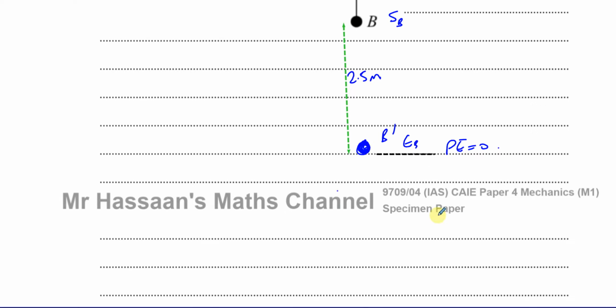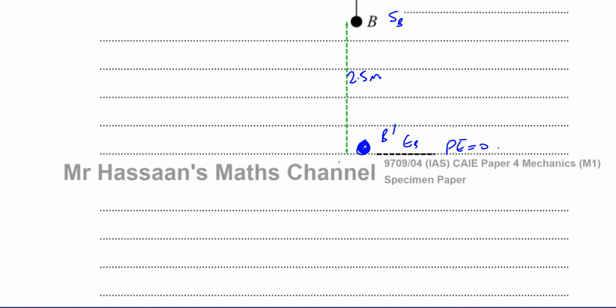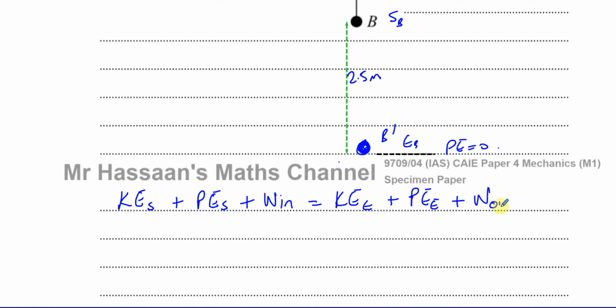So there's a nice equation that we can use, which is very useful in any question involving energy. We look at the total kinetic energy at the start plus the total potential energy at the start plus the work that went into the system, which is equal to the total kinetic energy at the end plus the total potential energy at the end plus the work that came out of the system.